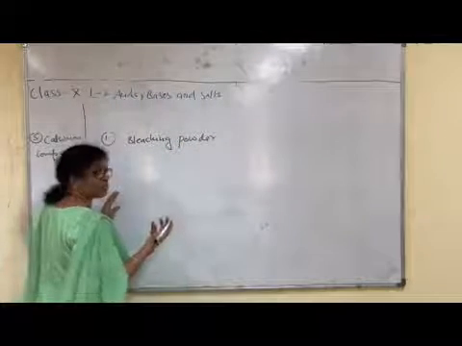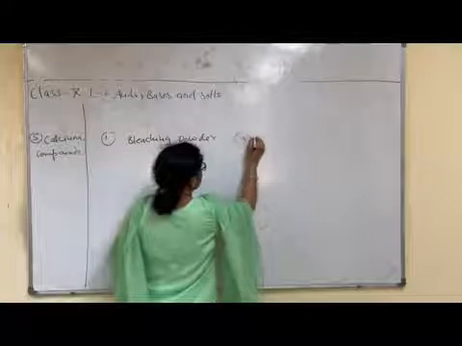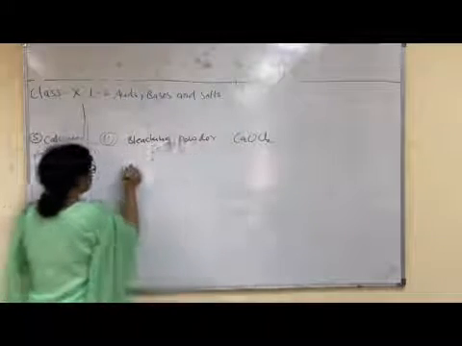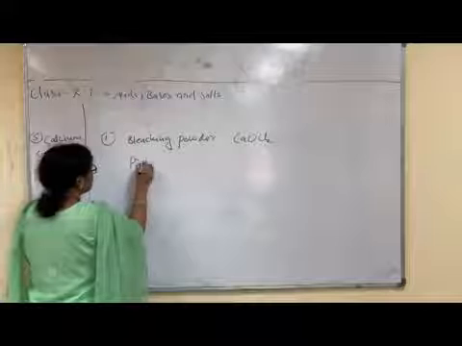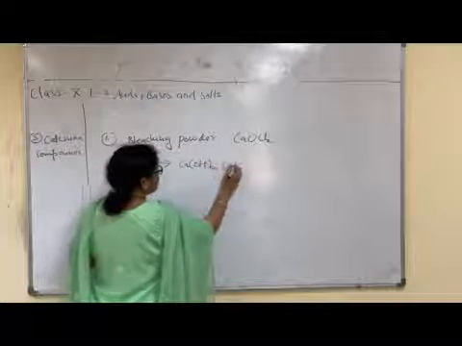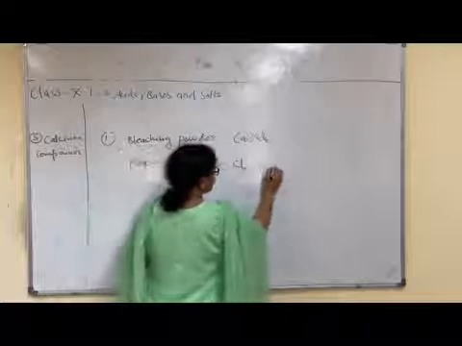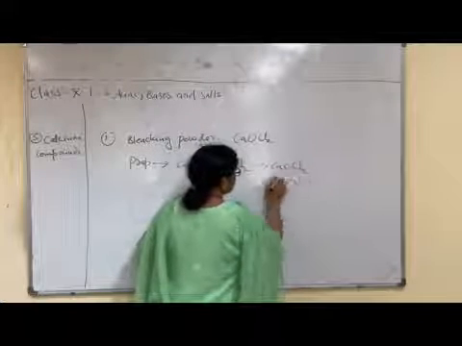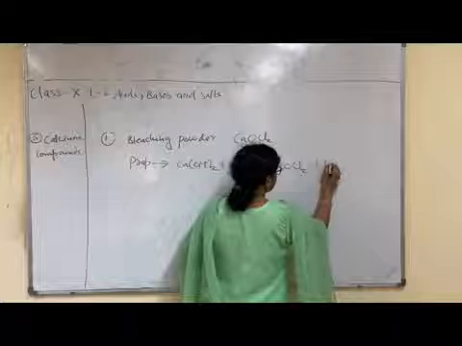As you know, bleaching powder is calcium oxychloride. Now preparation: lime water reacts with chlorine gas, then formation of calcium oxychloride plus water.